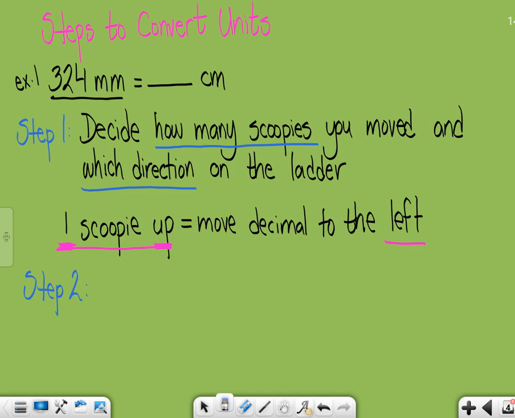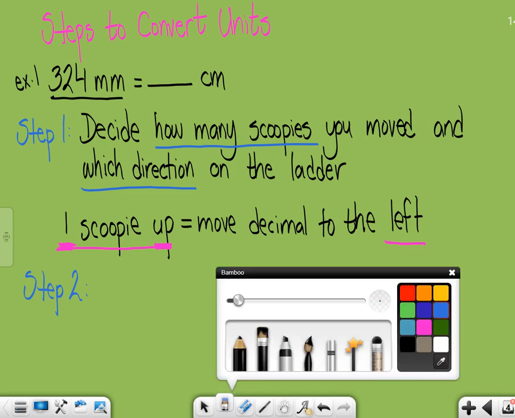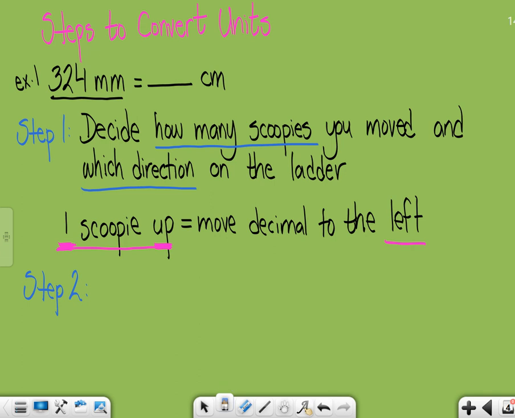Okay, so next step, and this is from our last unit, so hopefully everyone knows the next step, which is step 2. So you need to place, oops, I want it black. You need to place your pencil on the decimal.